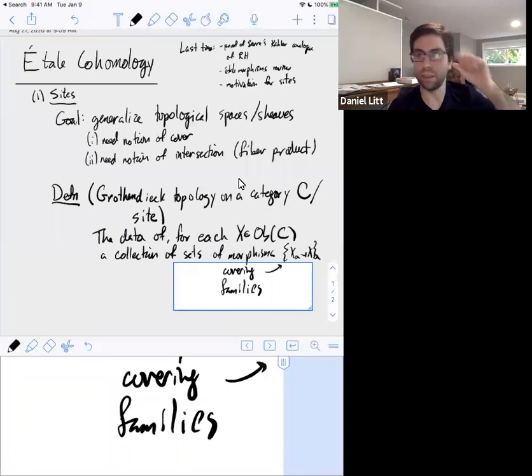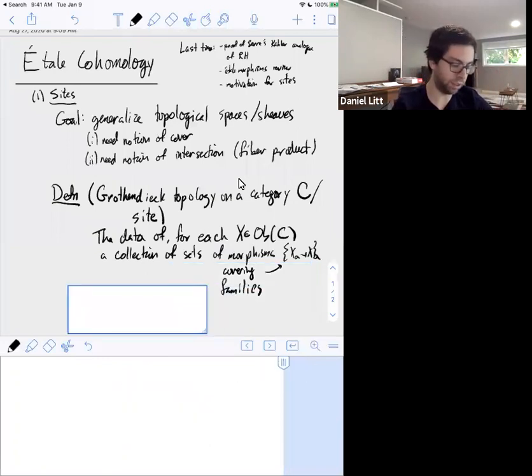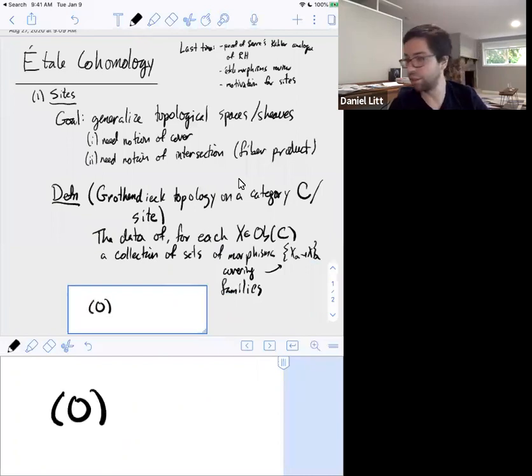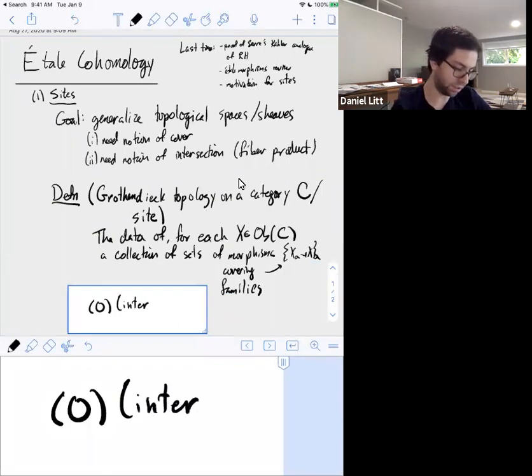And this data of a bunch of covering families has to satisfy a bunch of axioms, and those axioms are motivated by what it means for a bunch of open sets to cover another open set. So the zeroth axiom is just that intersections exist.